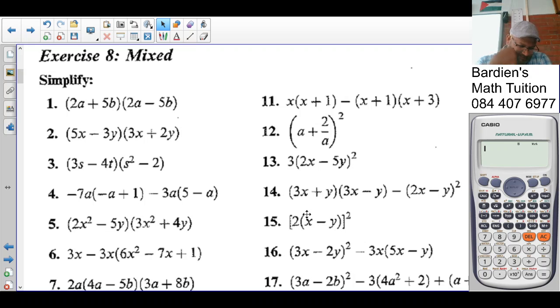Is correct. Number 13. 12x squared, yes. Minus 60xy, yes. Plus 75y squared. Number 15. 4x squared, yes. Minus 8xy plus 4y squared. Nice. Number 17.